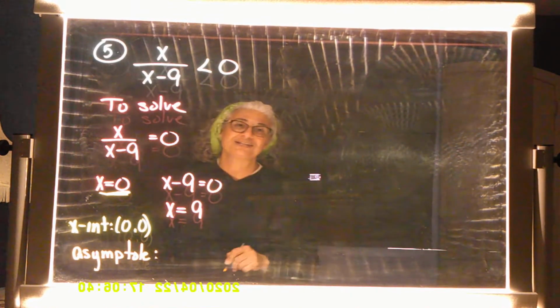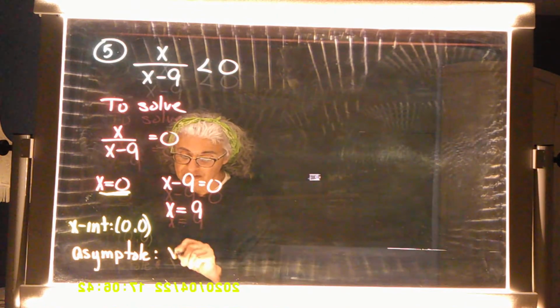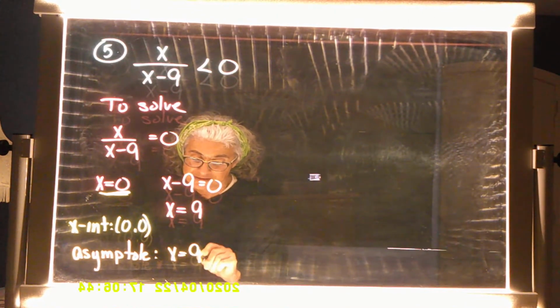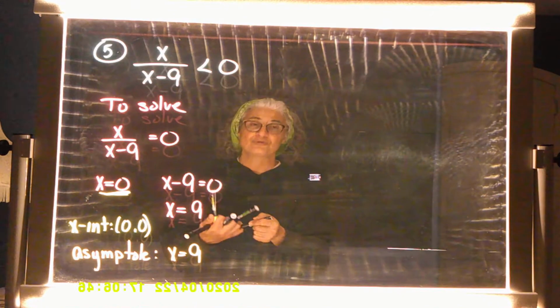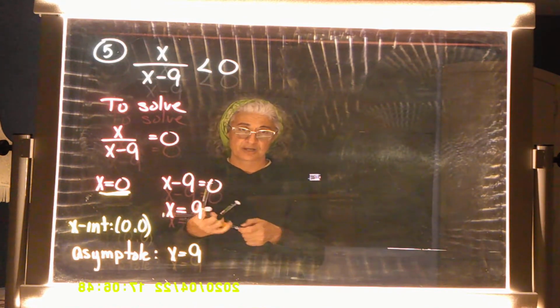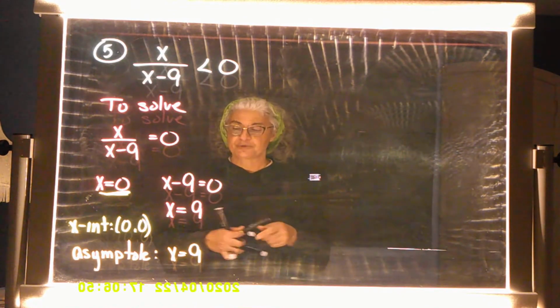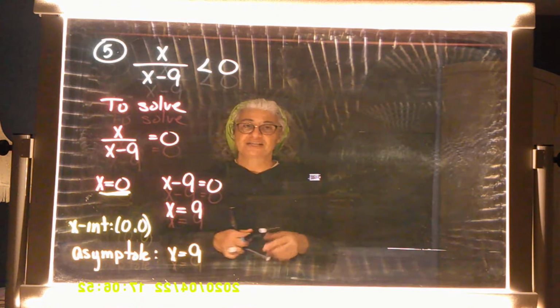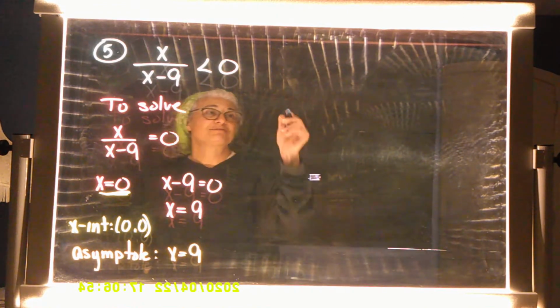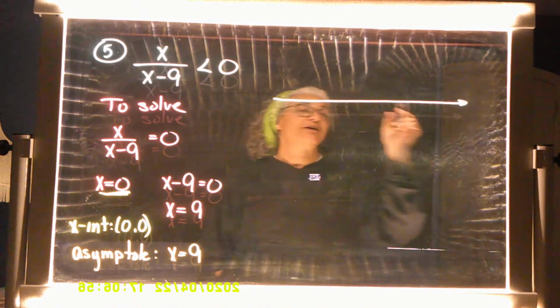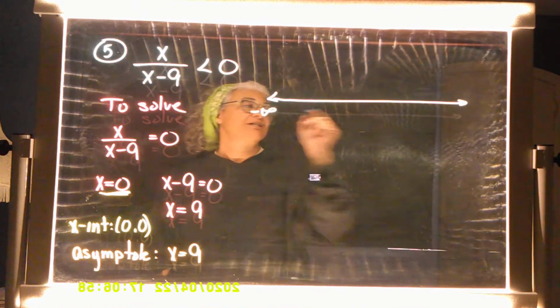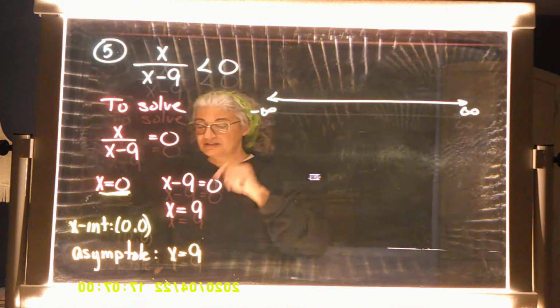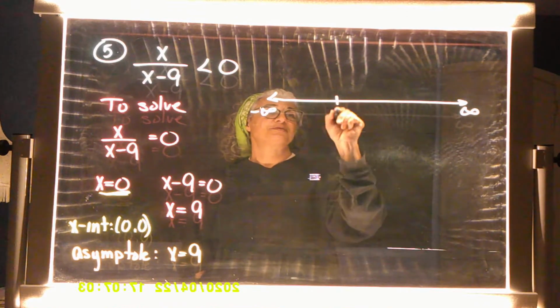What does that mean? It means it's a wall that nothing can get past. Nothing can get through that wall. Okay? Let me show you what I mean. Since I found an x-intercept, since I found an asymptote, that means I can go straight to my graphing. I have negative infinity and positive infinity. I've got an x-intercept of 0.